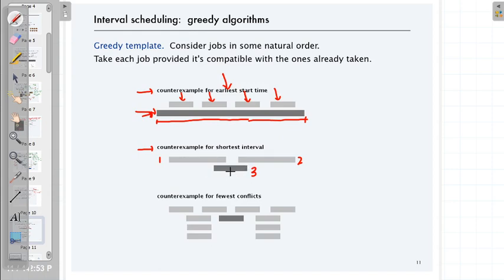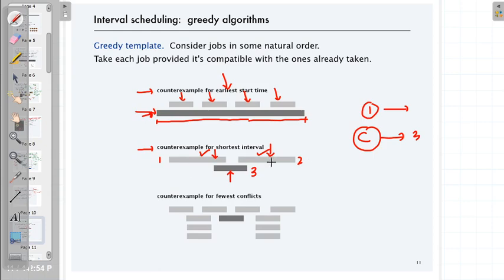Job 3. If I schedule job 3, you see that it overlaps with job 1 and also with job 2. So I cannot schedule those two in this classroom C. If I schedule 3, then I cannot schedule 1 and 2.